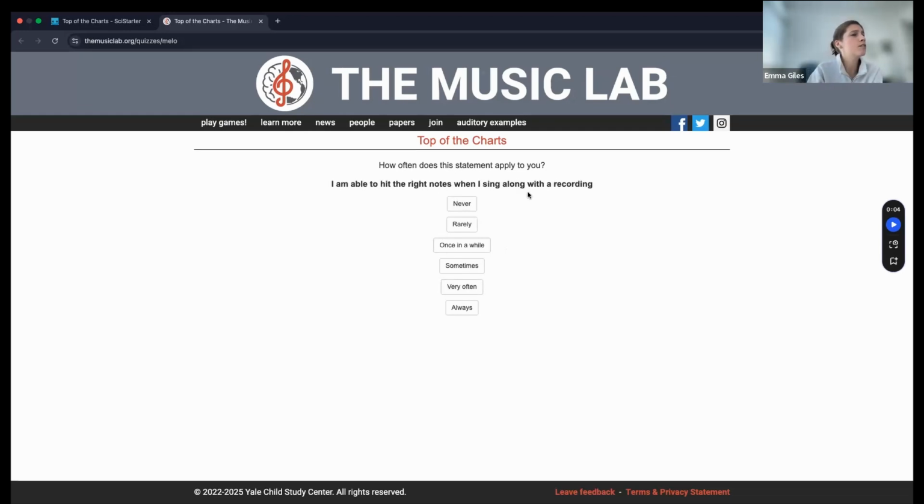I'm able to hit the right notes when I sing along with a recording. I think I can. I'm going to go very often, just to make sure I'm not being too egotistical. I have a piece of music stuck on repeat in my head. Oh, all the time. I have a good sense of rhythm.